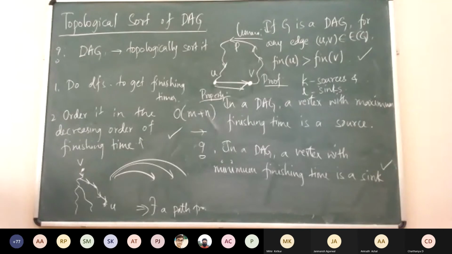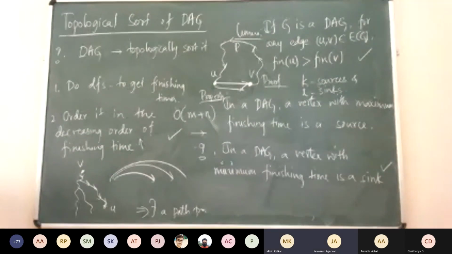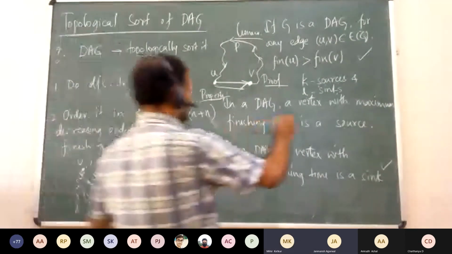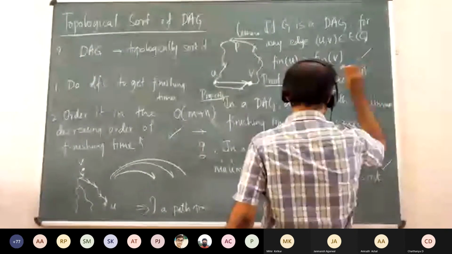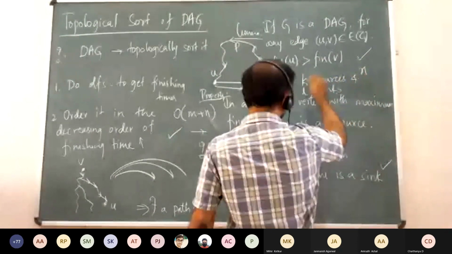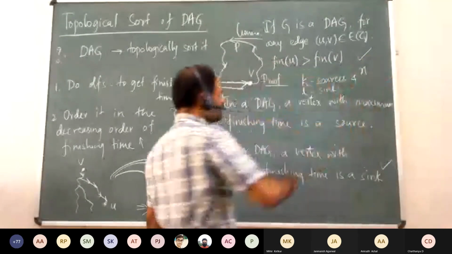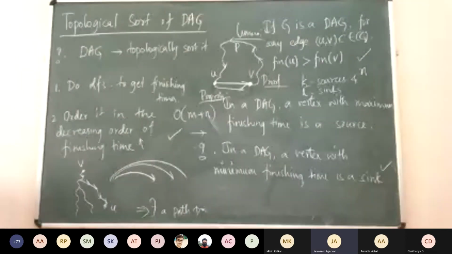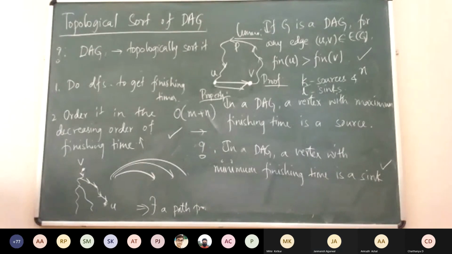Sir, every source, like LK. Every source will have a sink, right? No, the graph has n vertices. Assume that the graph has n vertices and k and L are not related to n. It has k sources and L sinks. Sir, if we have k sources, then every source will have at least one sink, right? The sink can be the same also.